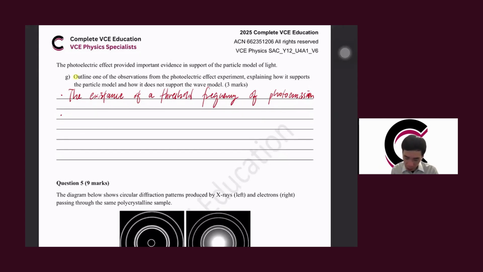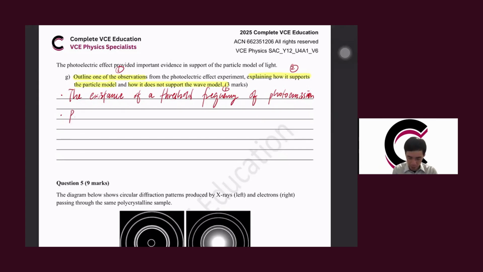When you break it down, outline the observation as 1 mark. Explain how it supports the particle model, that's the 2nd mark. And how this does not support the wave model or going against it, that's the 3rd mark right here. Okay.